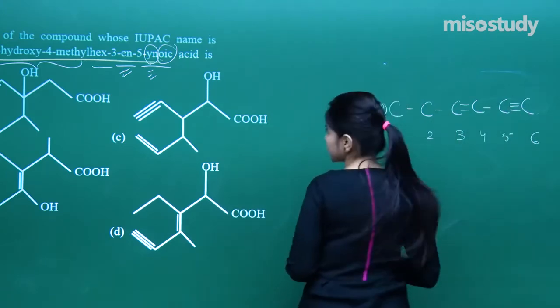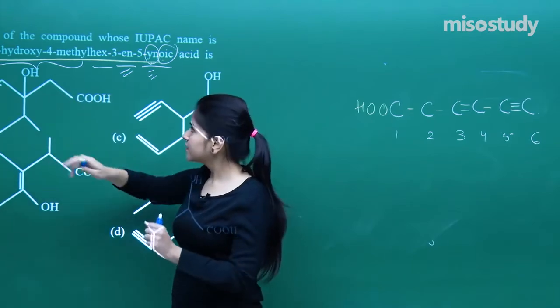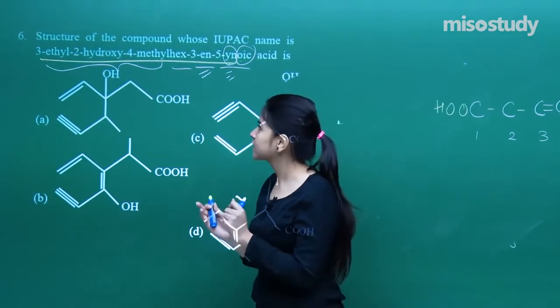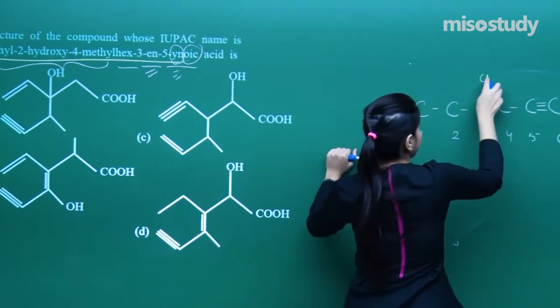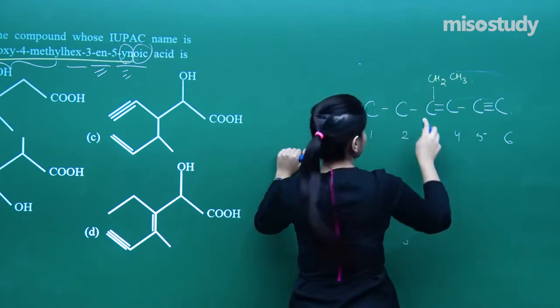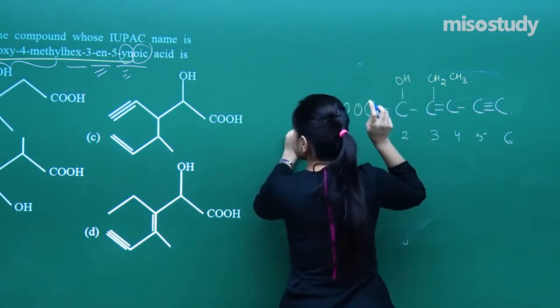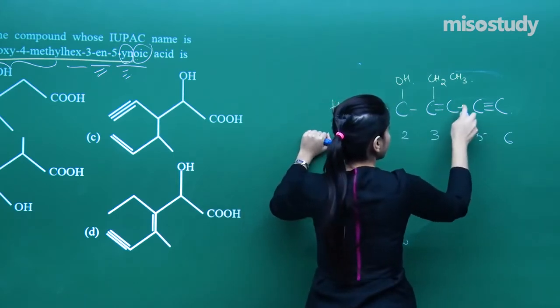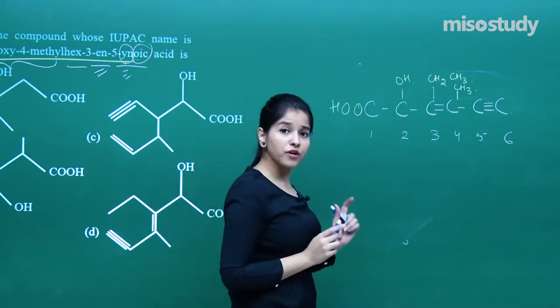Partially completed structure. Now if I look at the substituents, on to the 3, it's ethyl, 2-hydroxy and 4-methyl. So 3-ethyl, 2-hydroxy and 4-methyl. This is what we are having.